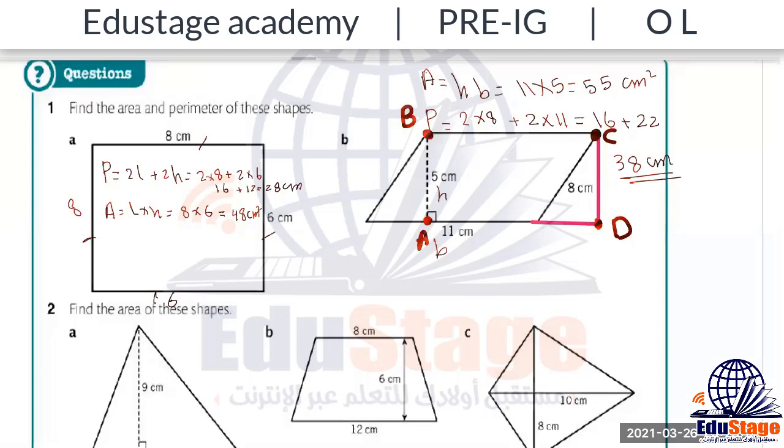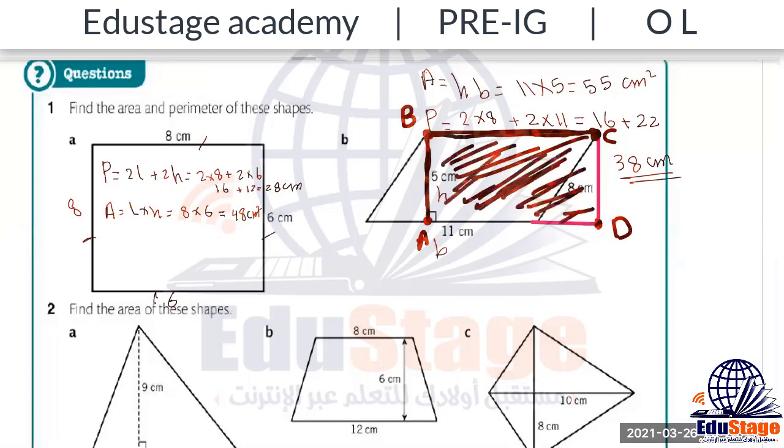You multiply 11 by 5, yes. The same. So the area of this rectangle is the same as the area of the parallelogram. So we say the area of the parallelogram equals base times height.